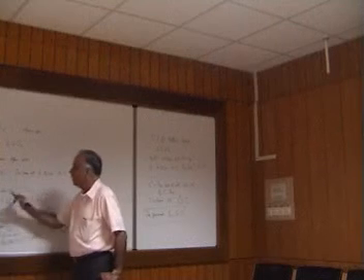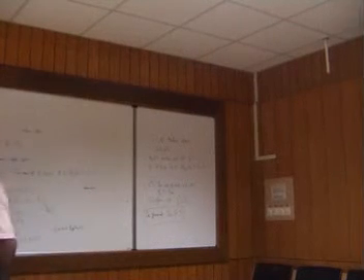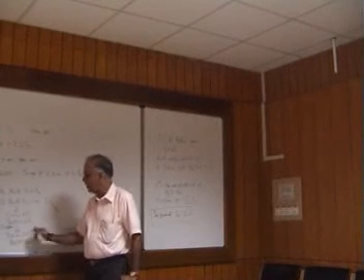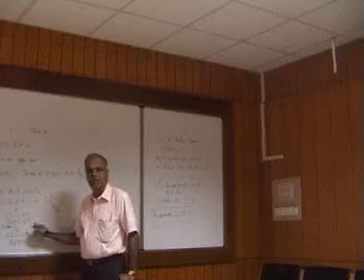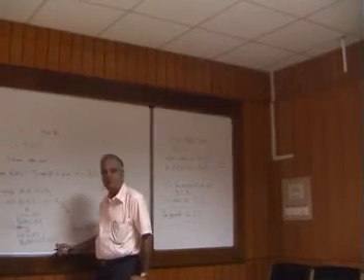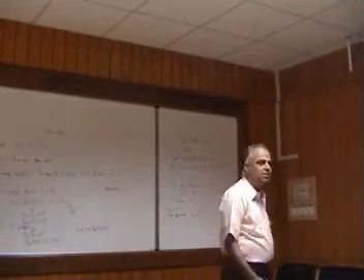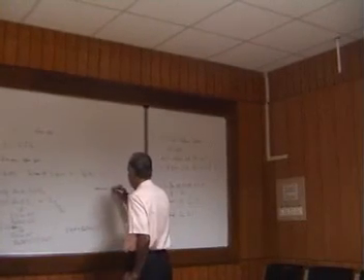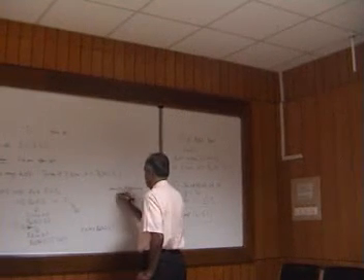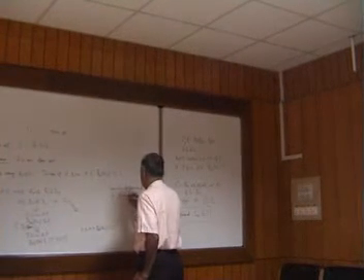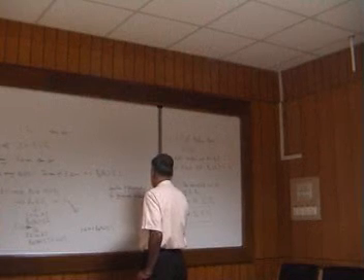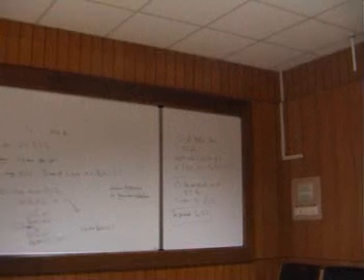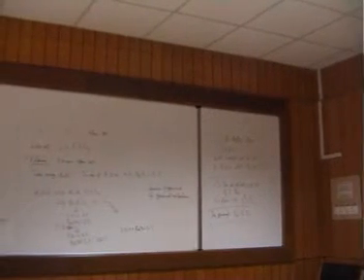In the general case, x naught belongs to S alpha for some alpha, but S alpha is open, therefore there will be a ball contained in S alpha, but S alpha is a part of S, therefore I will have a ball contained in S. That's the simple argument, and a similar argument works for a general collection. So the union of any number of open sets is always an open set.